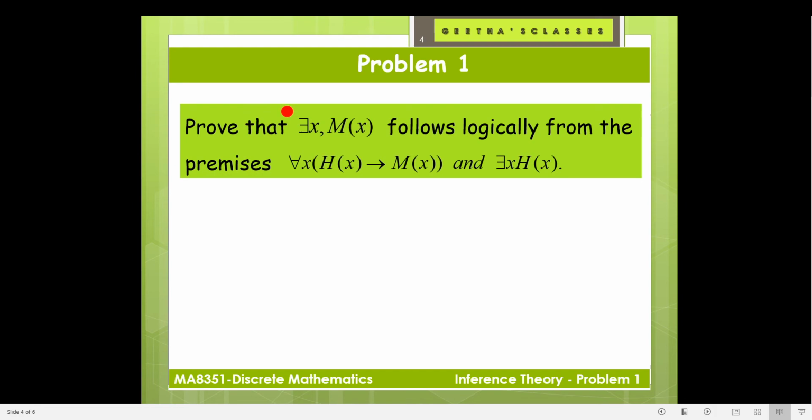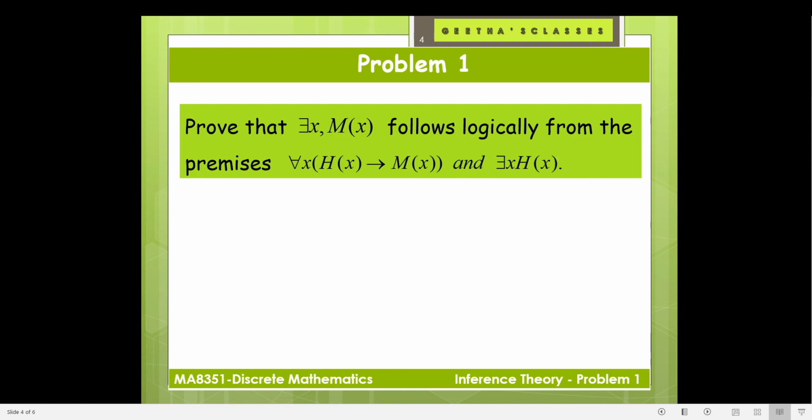Read the question carefully. The conclusion is given in the problem: there exists x M of x. You have to arrive at this conclusion using the given premises. You can use any rule we have discussed so far.